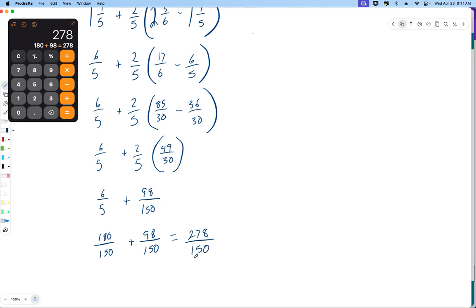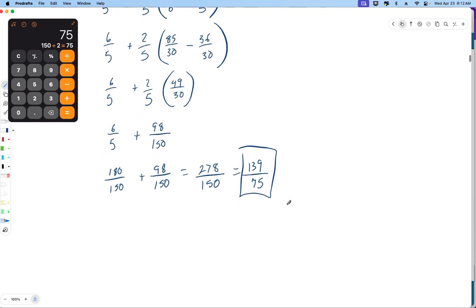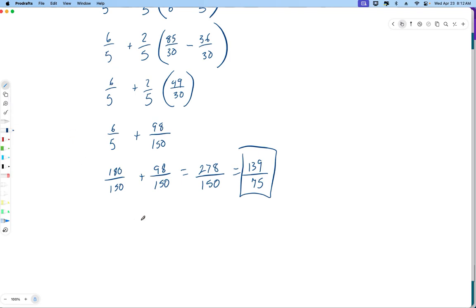I know that that's divisible by 2 at the very least. So divided by 2, that equals 139 over 75. Pretty sure 150 divided by 2 is 75. Yeah, so this will be your final answer right there. Unless you can divide it by another number that I can't see. Let's see if 139 divided by 3. No. So that's your final answer.